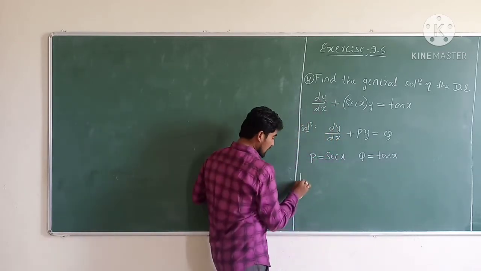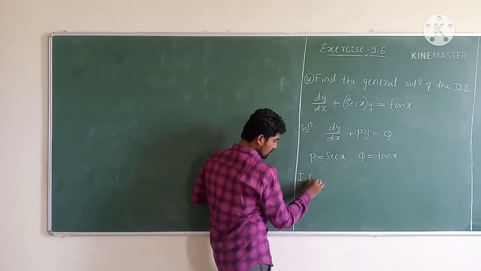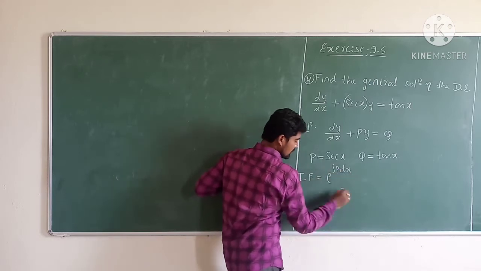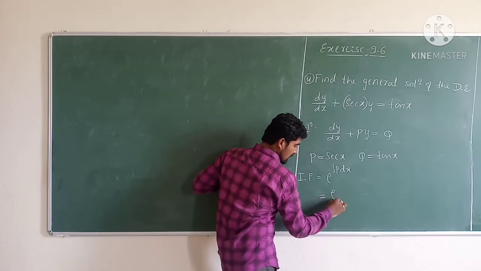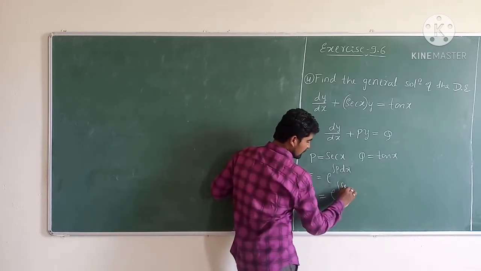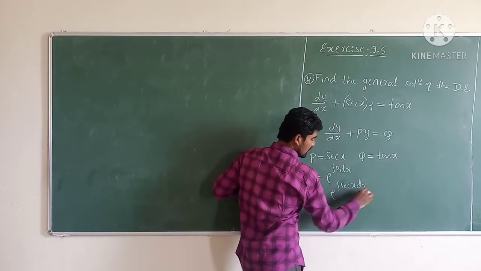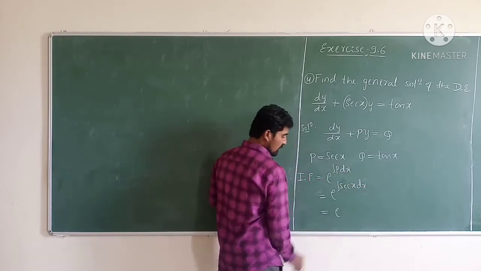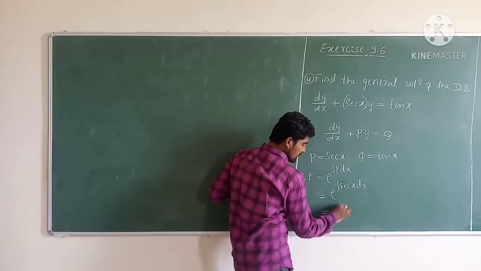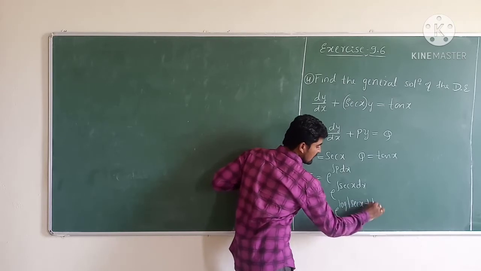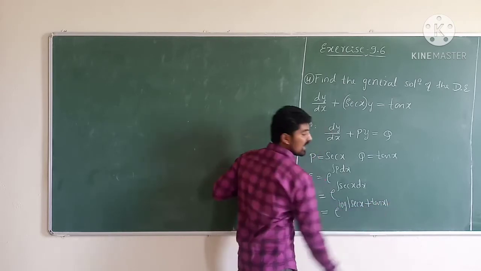Next, the integrating factor of the given differential equation is e power integration of p dx, which is equals to e power integration of secant x dx. So which is equals to e power of the integration of secant x, which is log of secant x plus tan x.